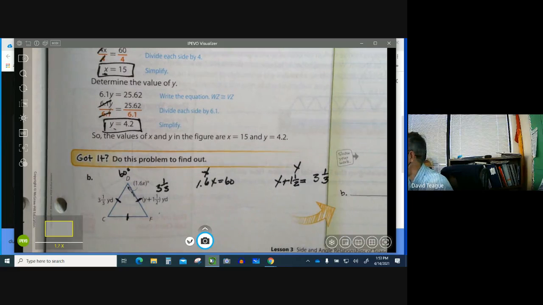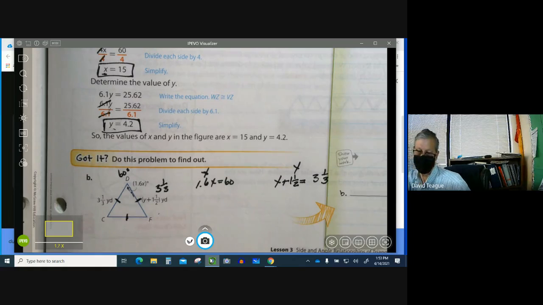Okay. So see if you can find the value of x and y. Hey, Google, set a timer for 2 minutes.